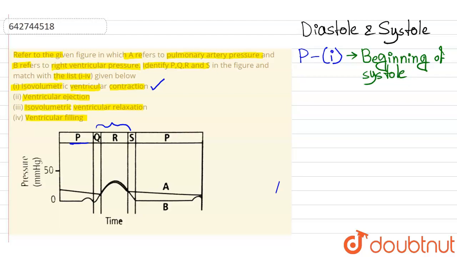Next one is the ventricular ejection. So the Q here represents ventricular ejection. Now there is a rapid ejection of blood due to increased ventricular contractility.